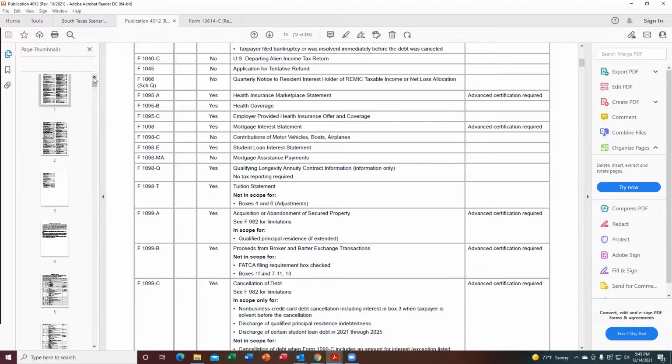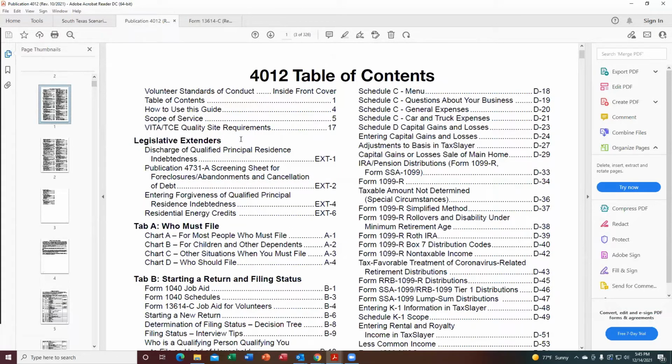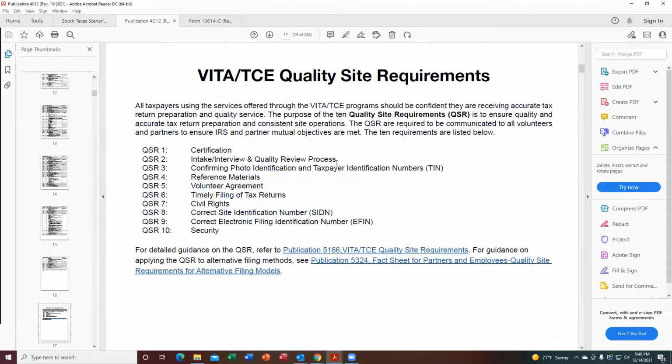Otherwise, I'm going to be hunting for things. The next one is VITA quality site requirements. This section reminds us of the importance of the QSRs, and it tells you that there are 10. In order for anyone to assist in the preparation of tax returns, of course, we need to go through the process of certification. Embedded in that is the intake and interview quality review process, as a certification and as a process within doing tax returns.